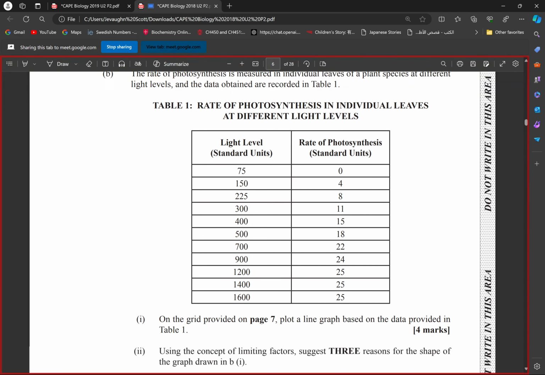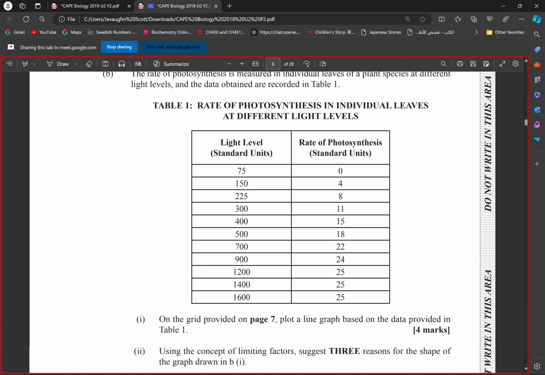So which goes on which axis? Which is the x-axis? Sir, the x-axis would be the light level.